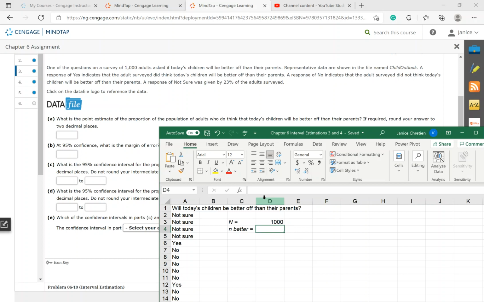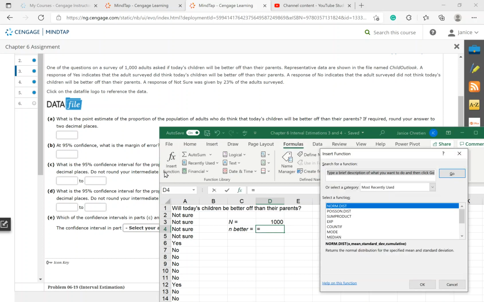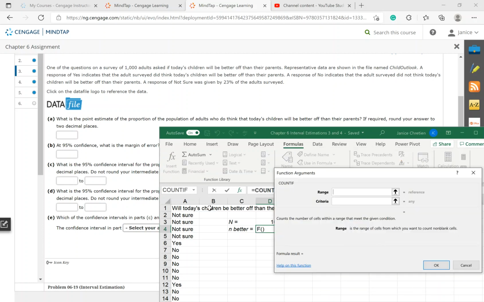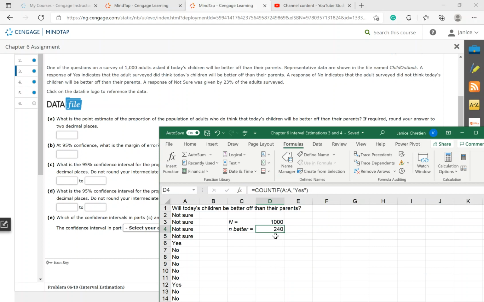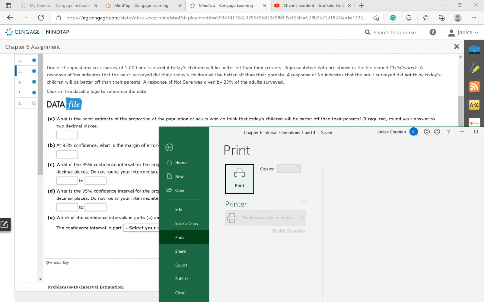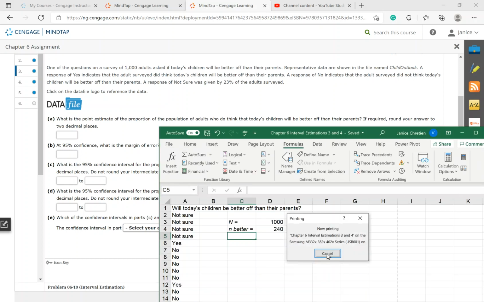We're going to go back a couple of weeks on this one, and to determine this, I am going to use the formula COUNTIF. So for A, I'm going to say how many said yes. So I have 240.